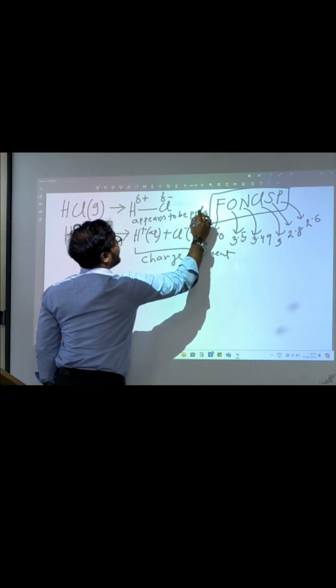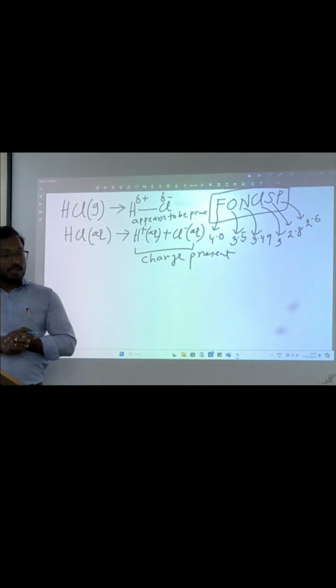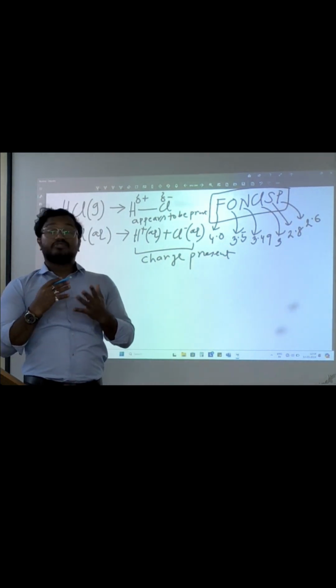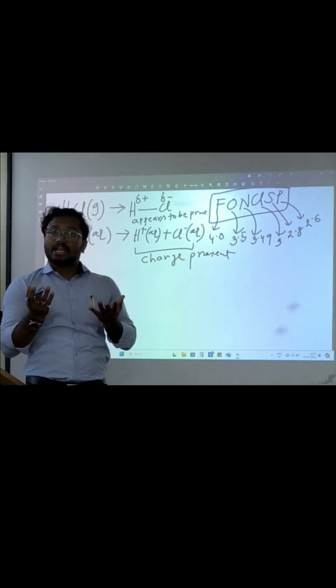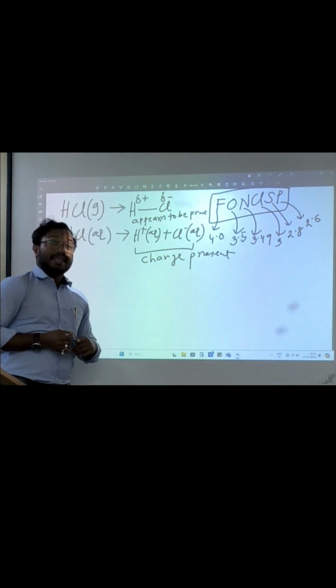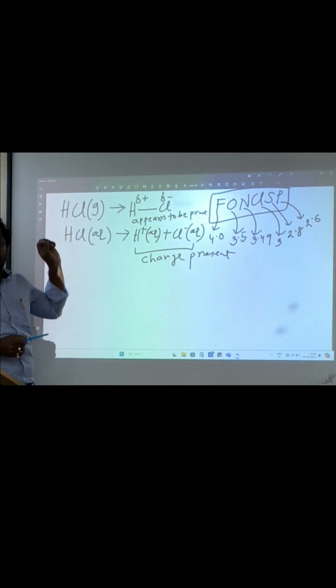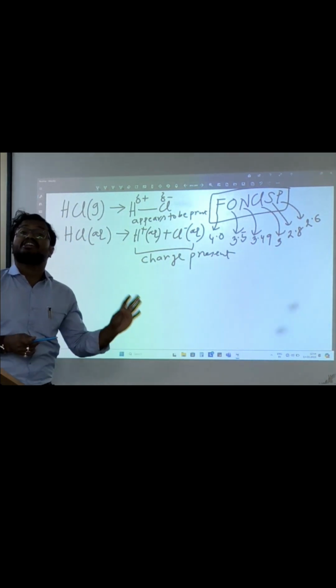A common confusion comes up among students. We have seen a common confusion regarding oxidation state. They ask whether formal charge and oxidation state are the same or different. In the case of oxidation state, the electron is not mutually shared.